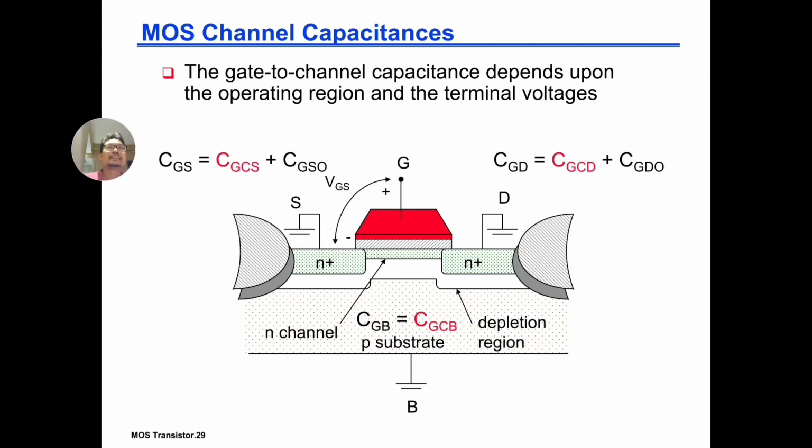Next, the gate to channel capacitance depends upon the operating region and the terminal voltages. We already have the overlap here, and you already know how to get it and analyze it. But what about the capacitance here? You can see this area and this part here.